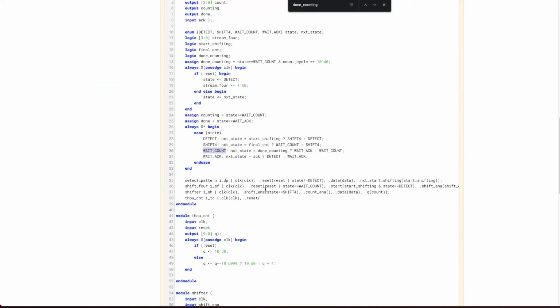So the next state is wait count, then I'll start the count in the next cycle.